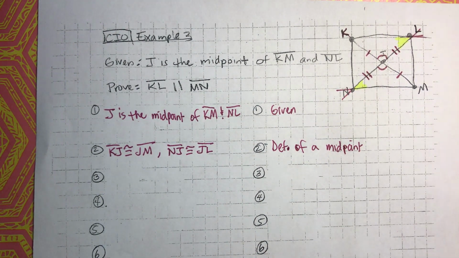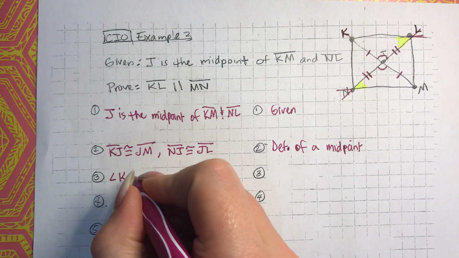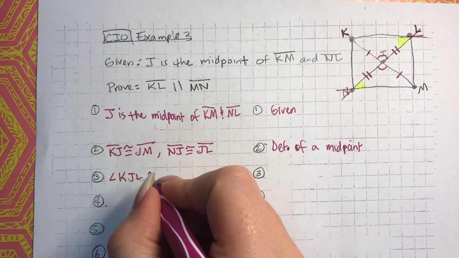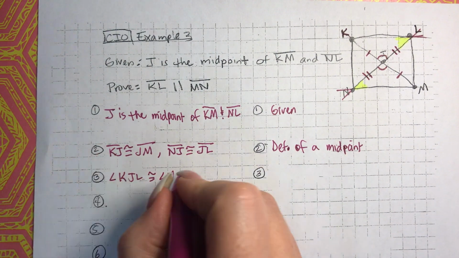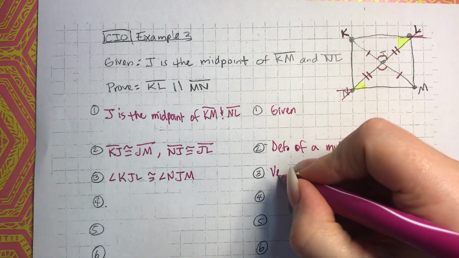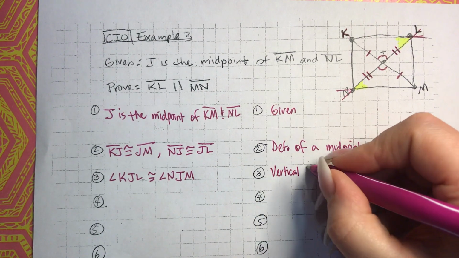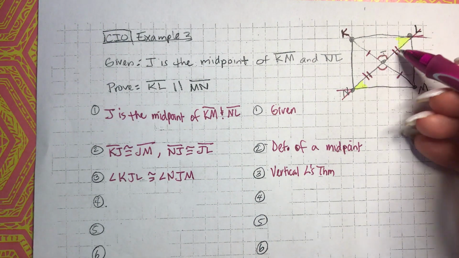Okay. Then what? This angle here. So let's go ahead and say angle KJL is congruent to angle NJM because of the vertical angles theorem. And there we have it. We have our side angle side.